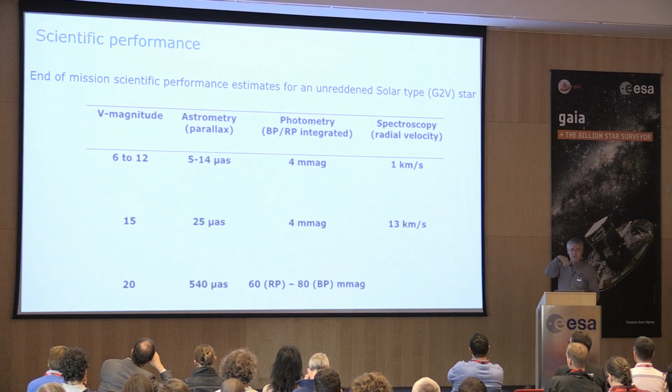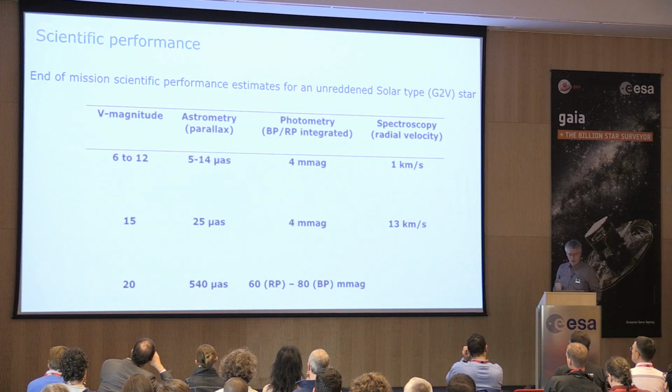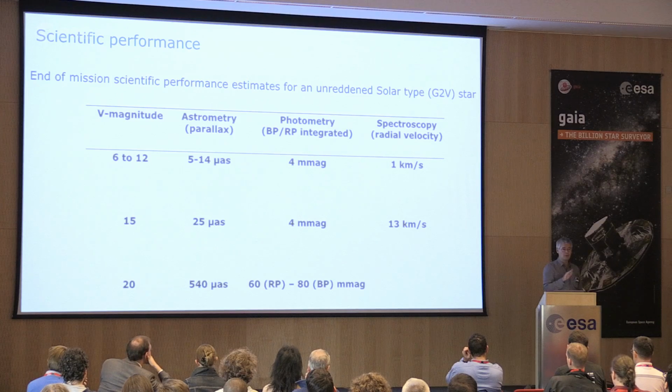When we go to brighter stars with astrometry, when we go to 15th magnitude, then we are assuming 25 microarcsecond parallax accuracy. There is quite a lot of confidence that this is reachable. It looks good. We are working towards the 10 microarcsecond domain for the very brightest stars. Obviously, this is fully dominated by systematics.